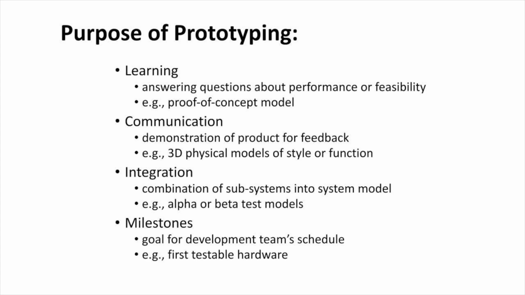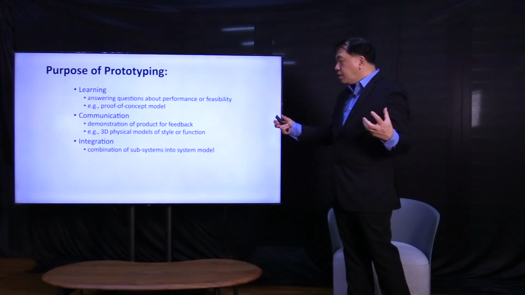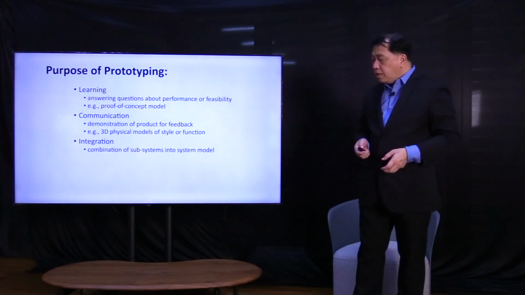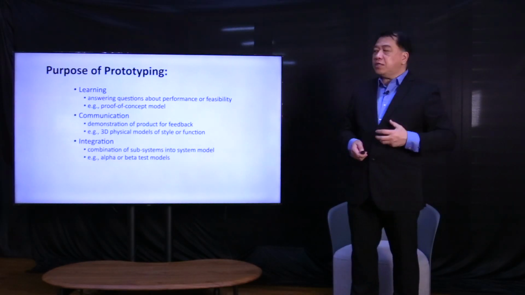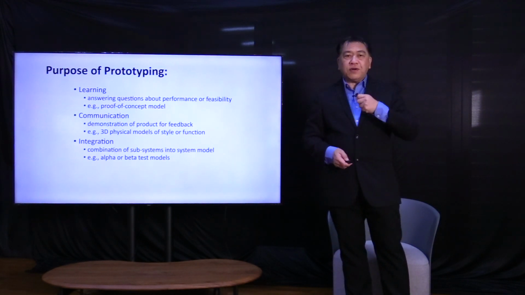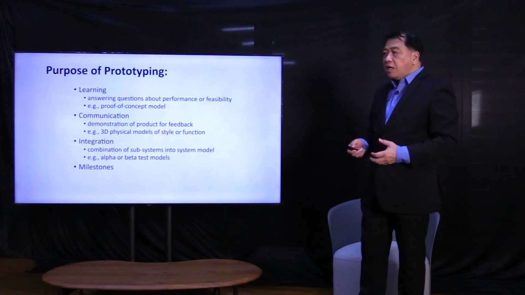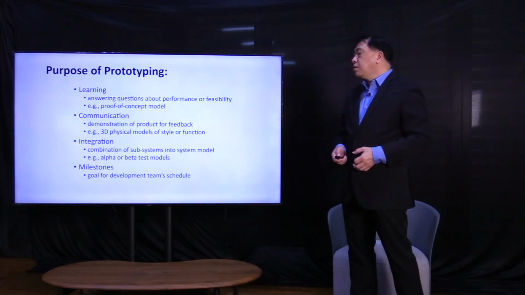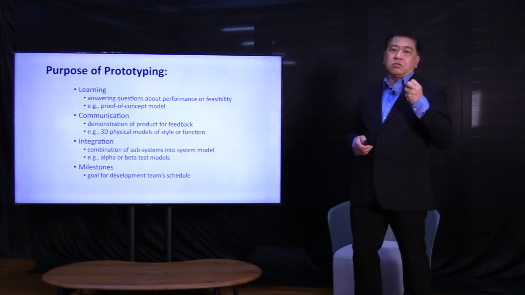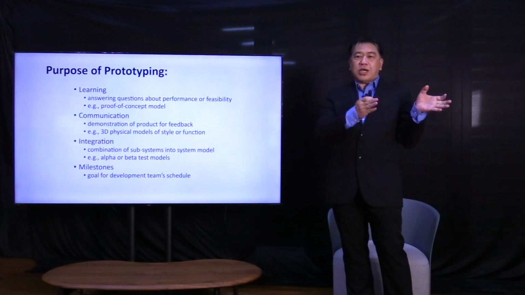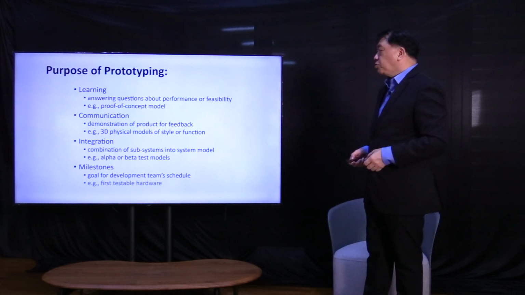You will have the propellers, the seats, the motors, and how to put them together from subsystems to a fully integrated system to test whether the integration works. Alpha or beta test model, putting the whole thing together as a product. And of course to check on the milestones. The goal of the prototypes is to allow you to check on the development team schedule.